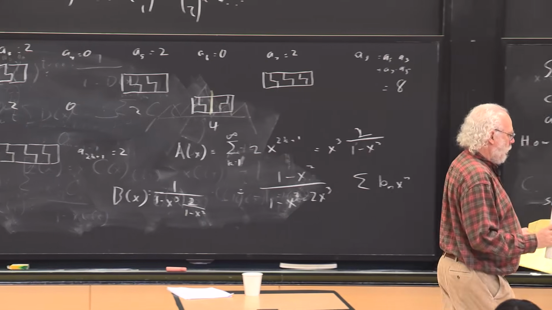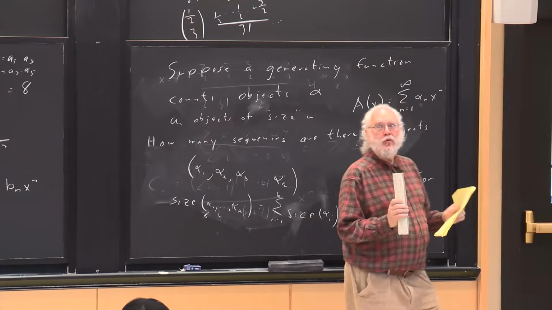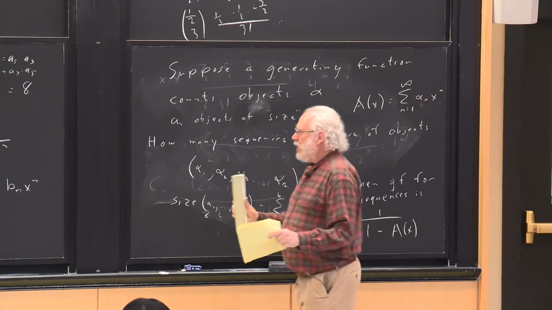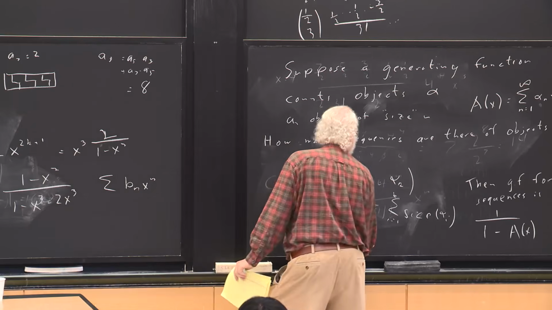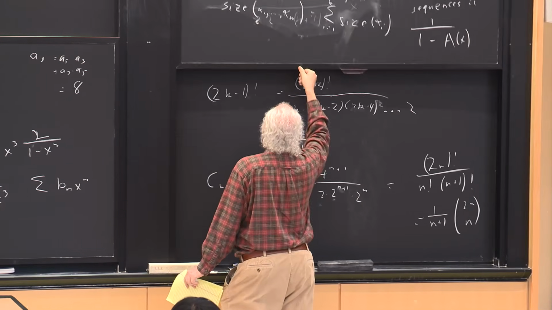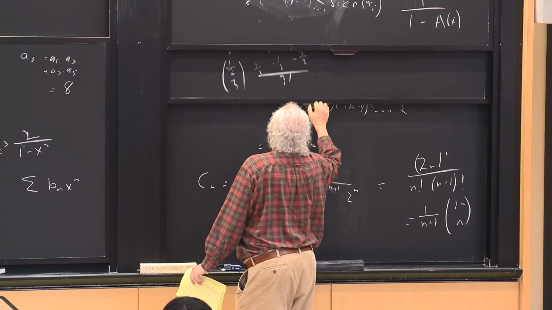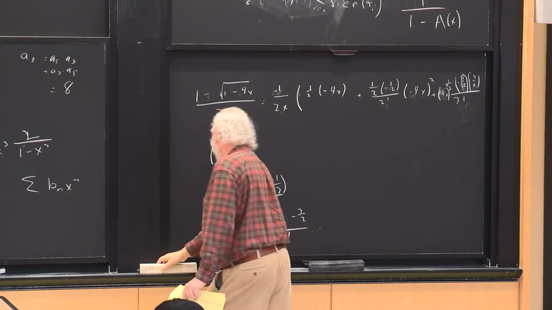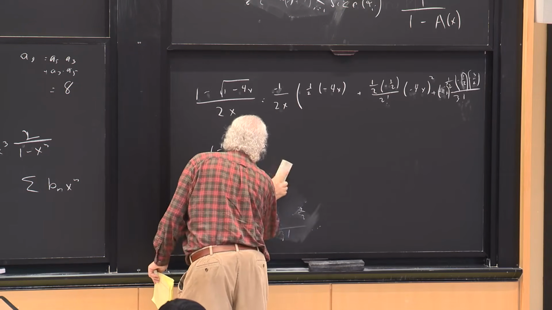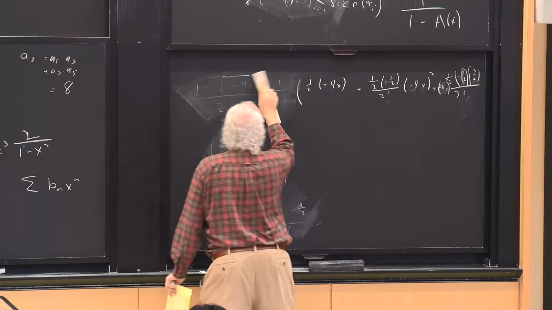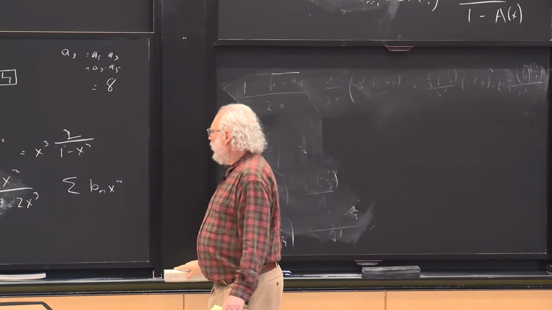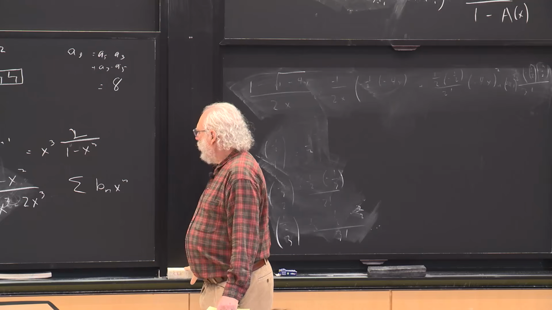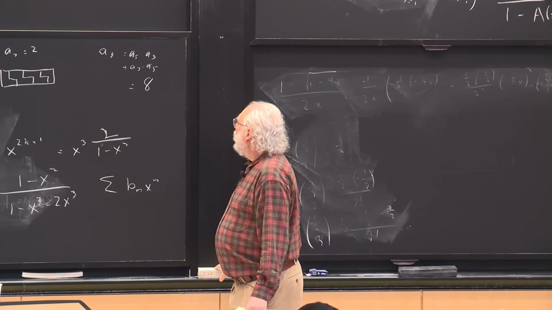Now, I want to say that you can read off a recurrence from a generating function. Sorry, it's kind of a minor thing. Is that B8, the top right corner of this blackboard?